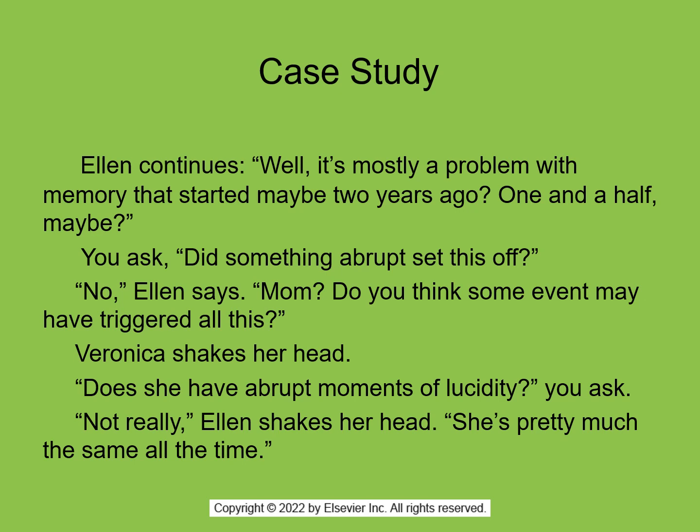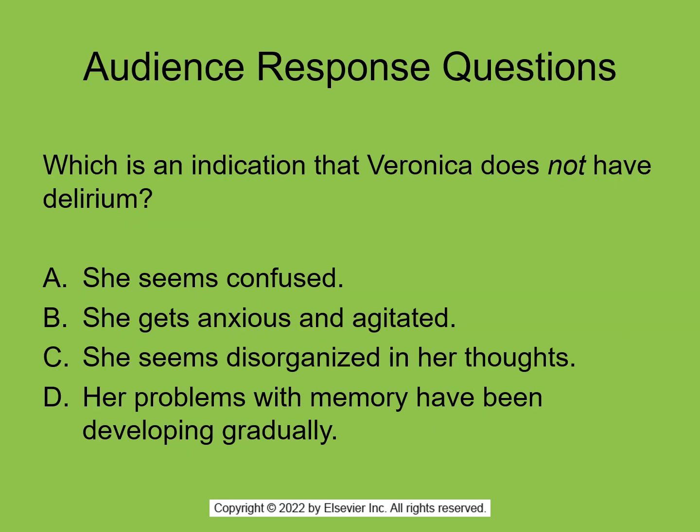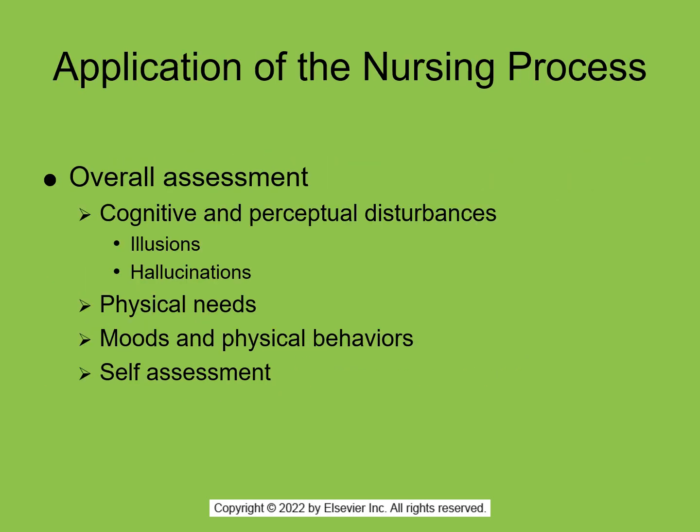Veronica shakes her head. Does she have outbreaks of lucidity? you ask. "Not really," Ellen says, shaking her head. She pretty much says the same thing all the time. She doesn't change her story. She's pretty consistent with what she's saying. So we can look at that question.